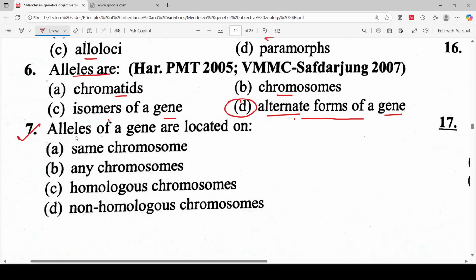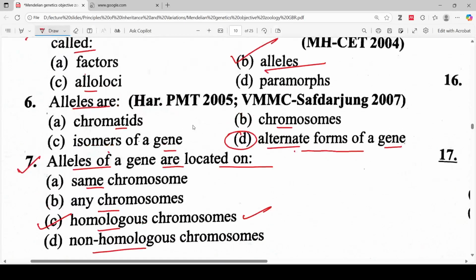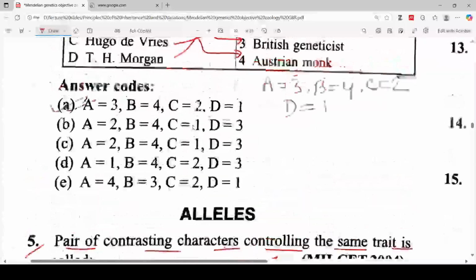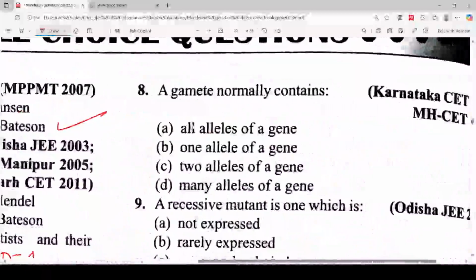Next question: alleles of a gene are located on the same chromosome, any chromosome, homologous chromosomes, or non-homologous chromosomes. So the correct answer is homologous chromosomes. The alleles of a gene always reside in the homologous chromosomes.